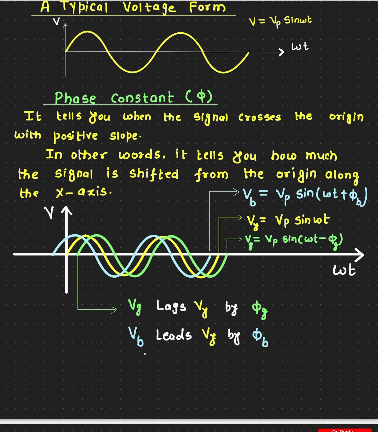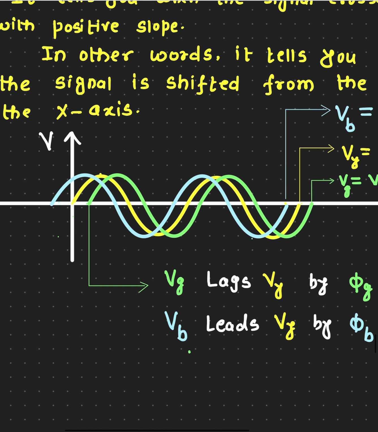For example, I have chosen three waveforms: the blue, yellow, and green. You can see that the blue one is shifted from the x-axis. So that would be the phase constant for the blue voltage here.